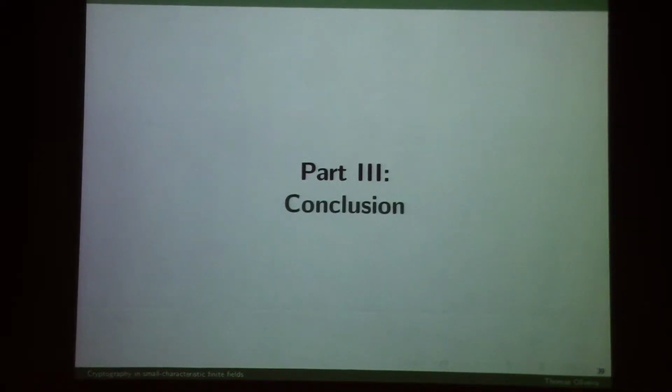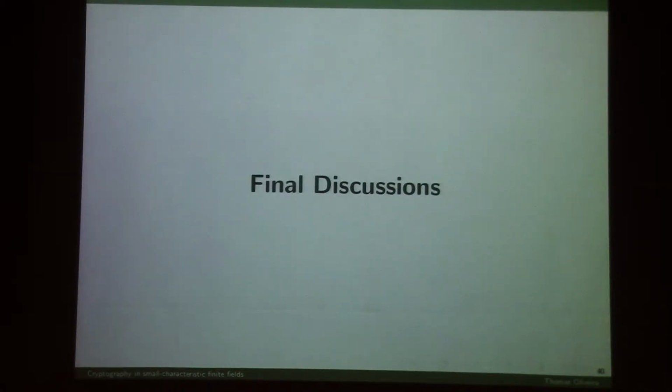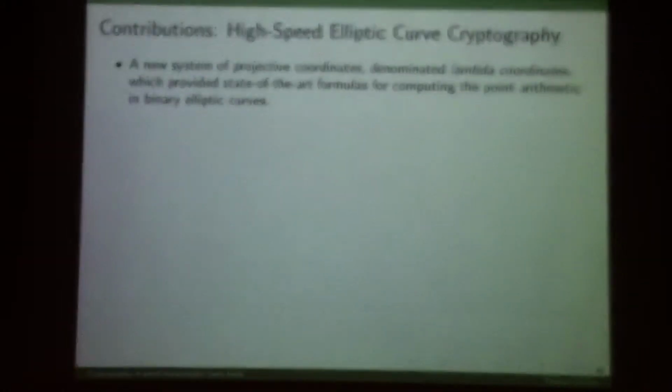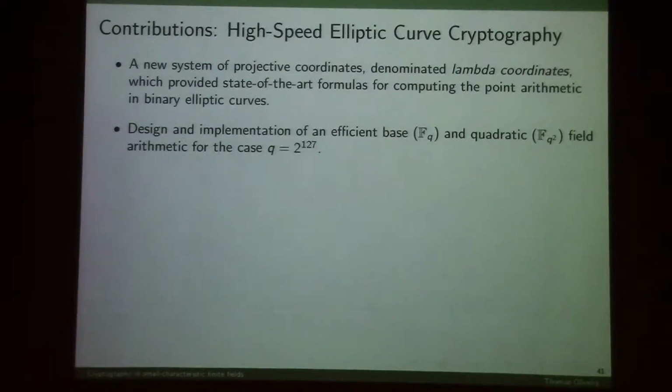So let's move to the conclusion and some final discussions. Our contributions in the field of cryptography were a new system of projective coordinates called lambda coordinates, which provide the state-of-the-art formulas for binary curves. We designed a very efficient base and quadratic field, in this case Q equal to F_q with q equal to 2 to the power of 127.